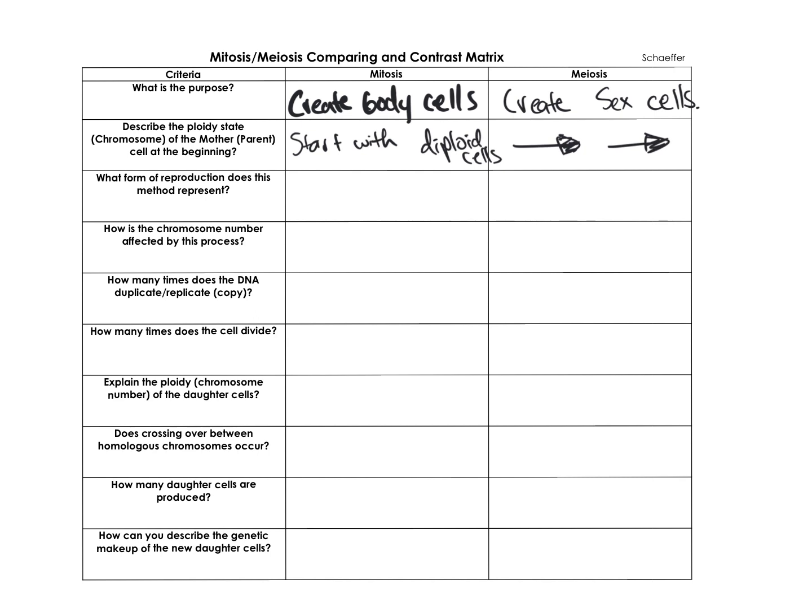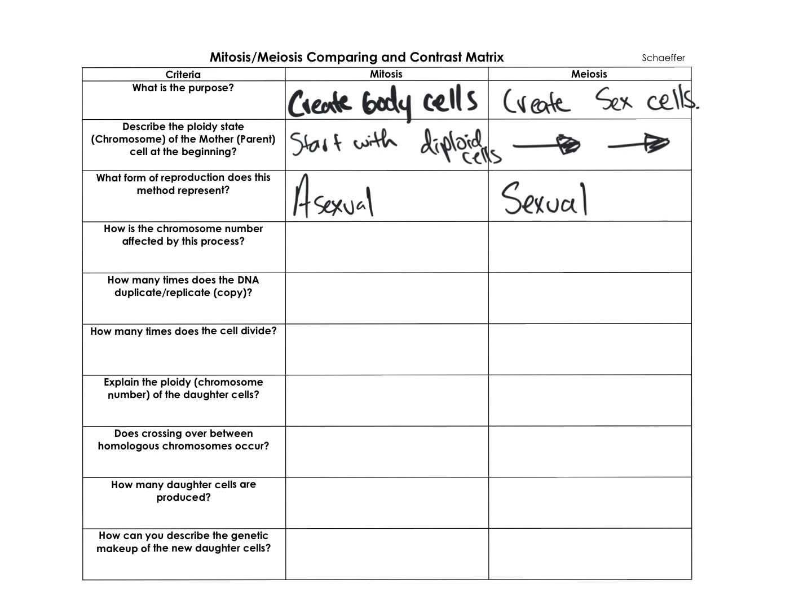Next one is what form of reproduction? In mitosis, because mitosis has one parent, that's going to be asexual reproduction. And then meiosis, it involves sperm cell and egg cell that come from mom and dad. So that's going to be sexual reproduction.